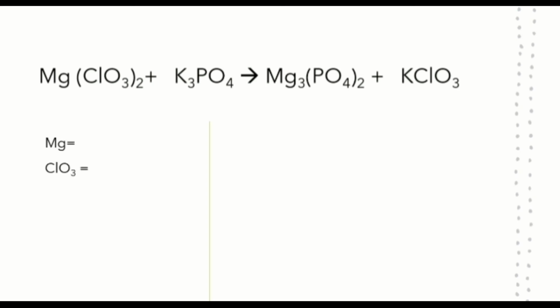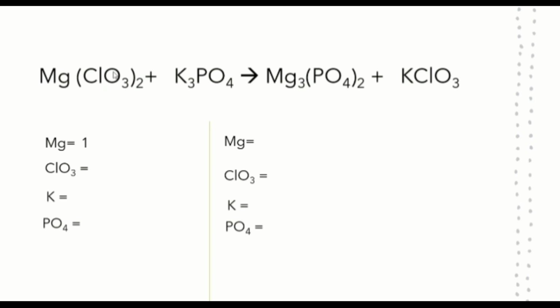So we have magnesium, then chlorate, potassium, and phosphate. On the other side, we have magnesium, phosphate, potassium, and chlorate. We will consider the polyatomic ion as 1 so that it will be easier for you to balance the chemical equation. So since we don't see a subscript for magnesium, it means 1.